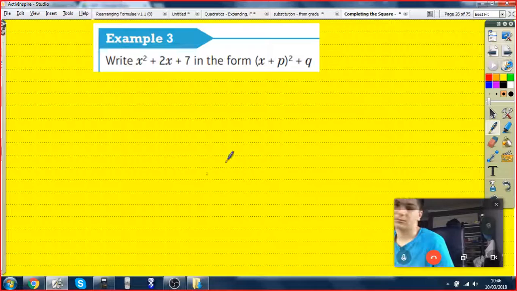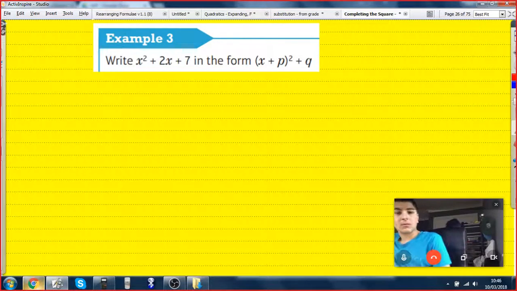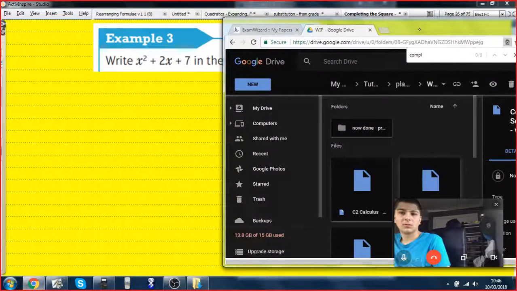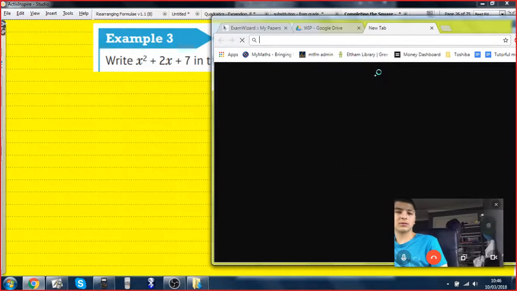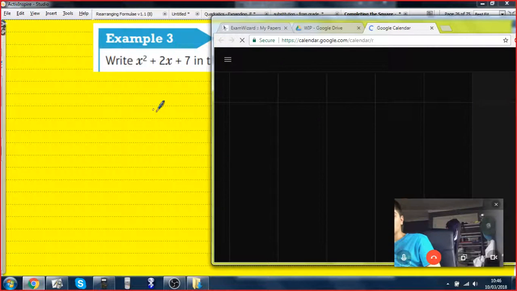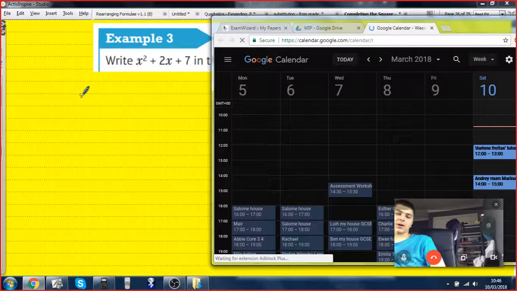Okay, let's try this one. So would that be x and open, and then outside the brackets, and then you close the brackets, and then it's x plus 2. So it's got a plus 7 as well? And then yeah, add the 7 at the end.